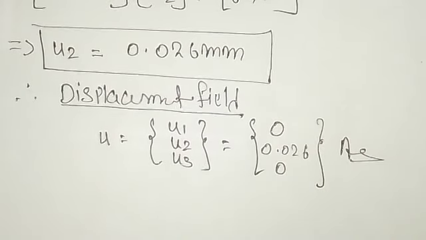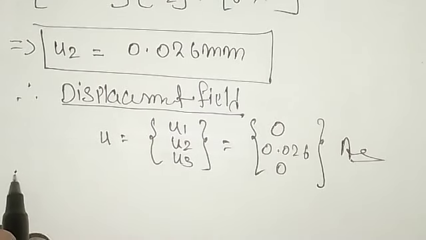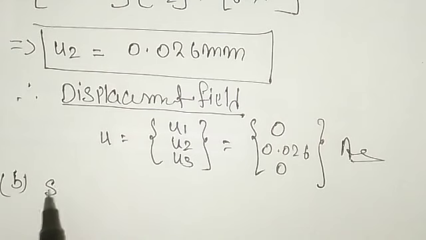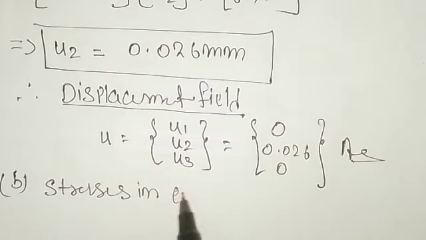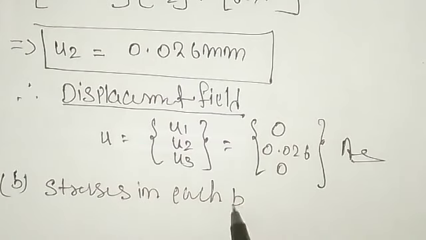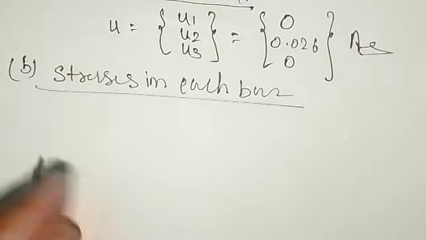Next we will find out the stresses in each bar, right? So this A part is completed. The B part is stresses in each bar. Stress is load by area, but that formula we won't use.